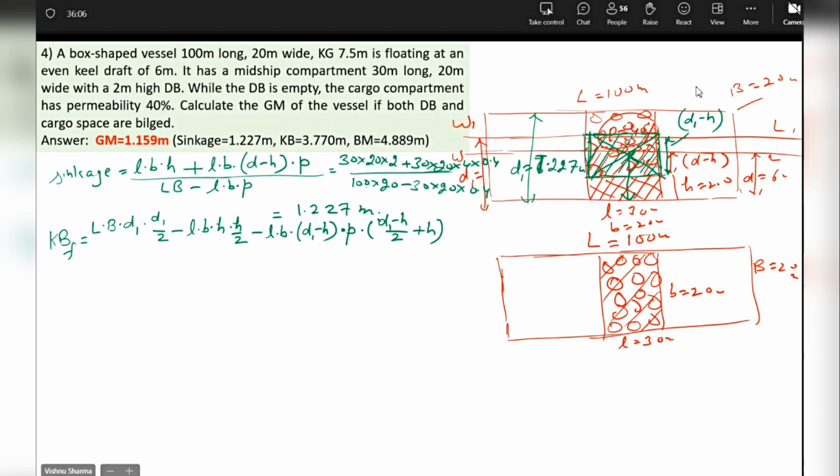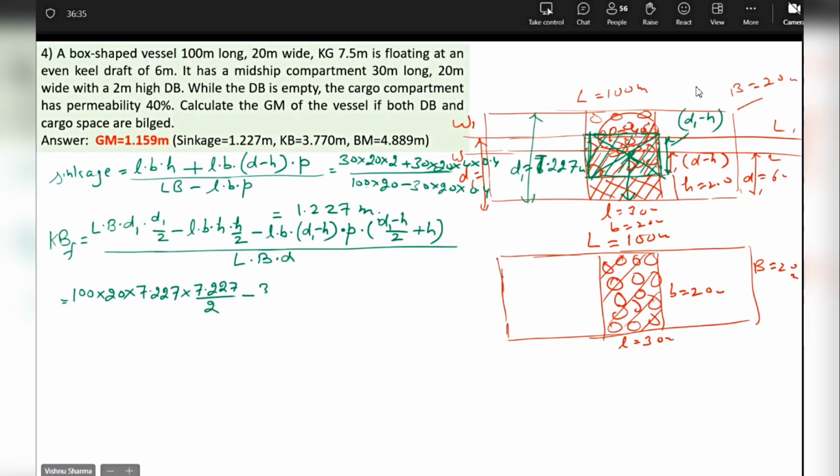That becomes the vertical moment of the underwater volume in the way of the cargo space not contributing to buoyancy, divided by volume of displacement, LBD. Now I put the values: 100 into 20 into 7.227. You write like this and then pick up the calculator and in one go write the answer.